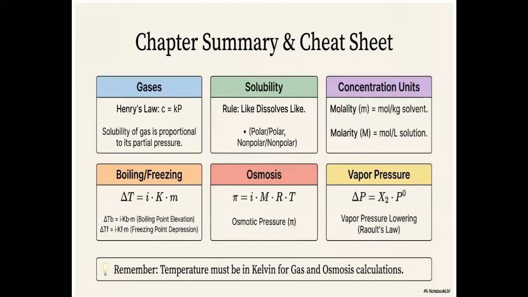We have molality versus molarity. Make sure you know when to use each. We also have boiling and freezing point calculations. The delta T is important. It has a lot of applications. Then we have osmosis that we saw. And the last thing that we haven't done is vapor pressure calculations under Raoult's law, which we'll do after we do some examples.